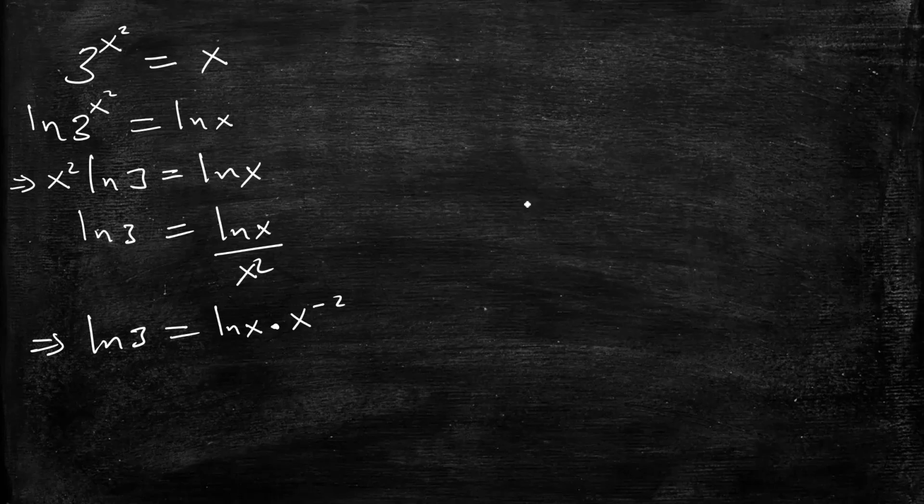Now let's observe something. Before we can apply the Lambert W function, let's introduce the natural log function. In case you are given e raised to ln of box, it is the same as box.